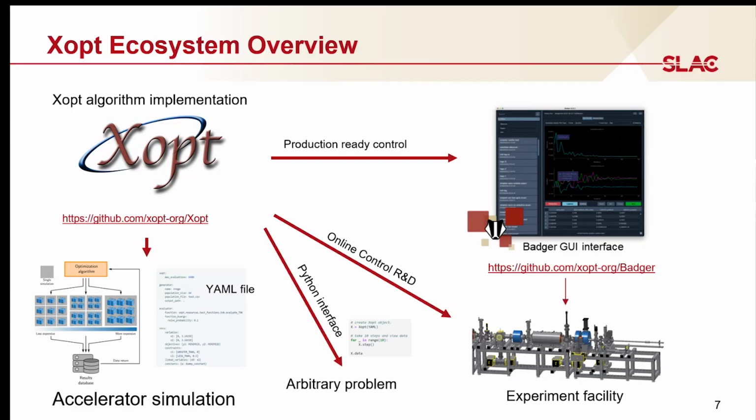And once you have done some R&D and you want to transition this to regular operations for non-experts, this is when you start using the Badger GUI, which is essentially just a graphical user interface that goes on top of Xopt, communicates with accelerator control systems or arbitrary scientific control systems, and provides a visual for non-experts to use without having to do any coding.